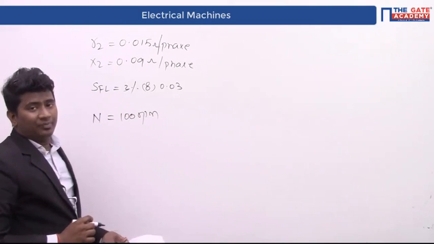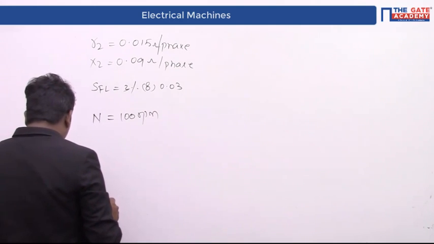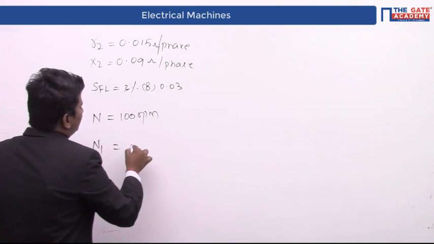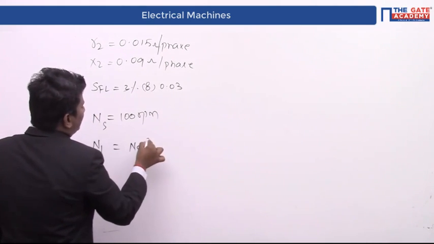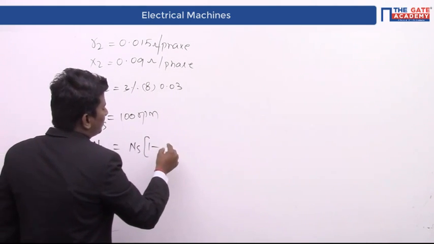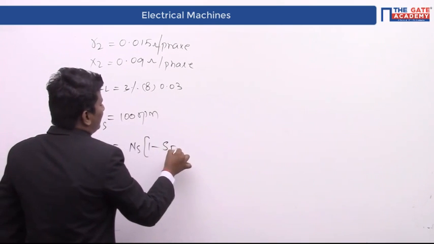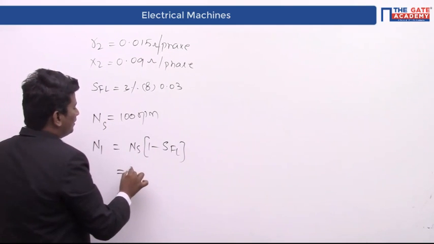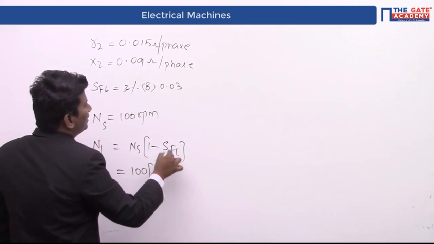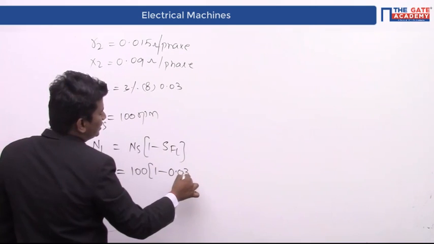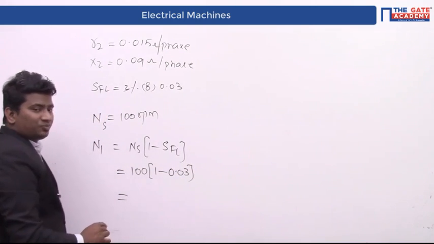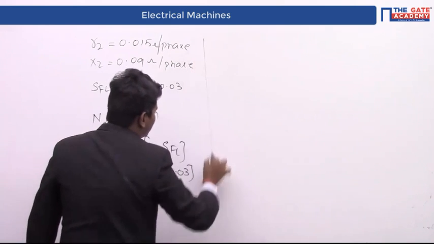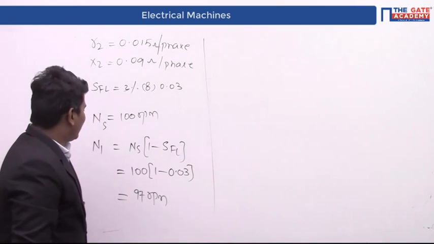As we know, N1 is equal to Ns into (1 minus SFL), because it is the full load slip and full load speed. Therefore 1000 into (1 minus 0.03), so the speed is equal to 97 RPM.